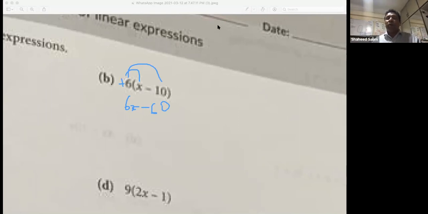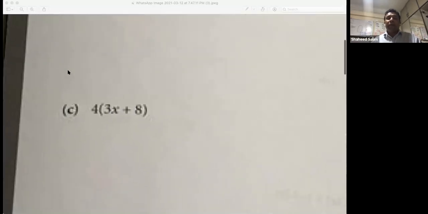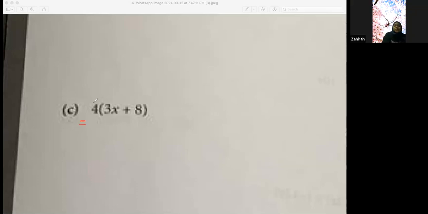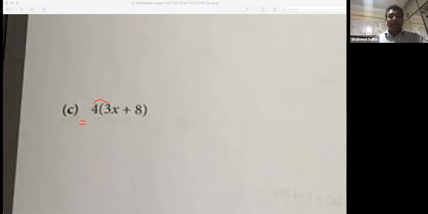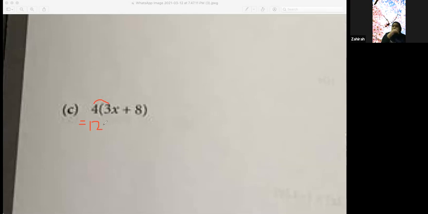All right, now we're going to ask Miss Zahira. Wahai manusia yang ada di langit, tolonglah turun ke bumi ini. Jawapannya apa, wahai Zahira? Yes. What is this? 12. Some more? Is there X?